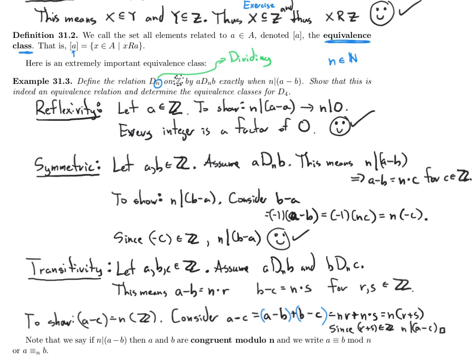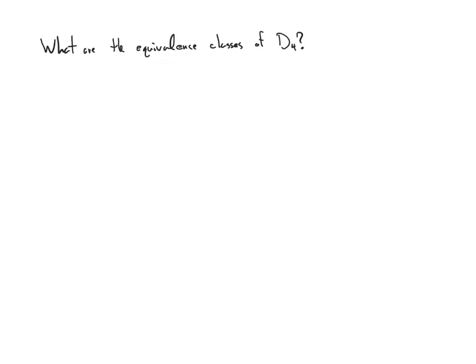So let me start a new slide here. We'll talk about this last definition just in a little bit. So let's start with an element in the integers and just see what's in its equivalence class. So let's find the equivalence class of 0.